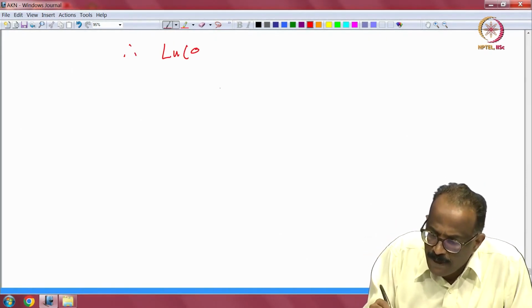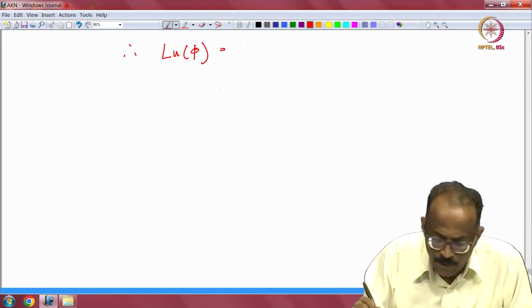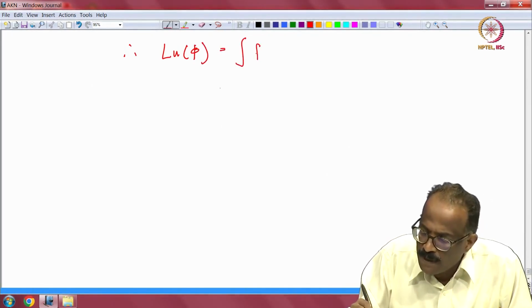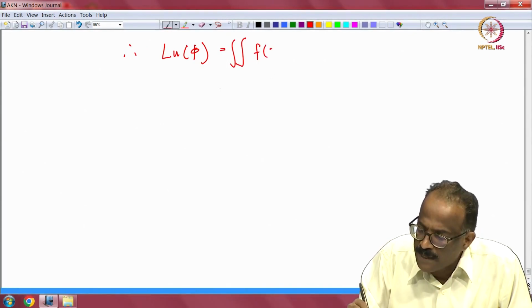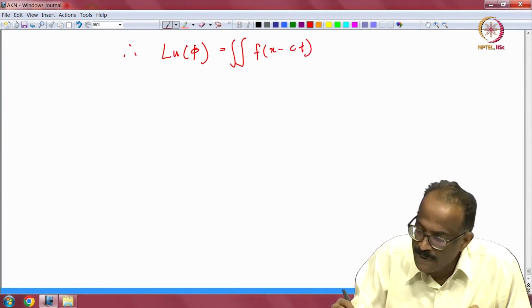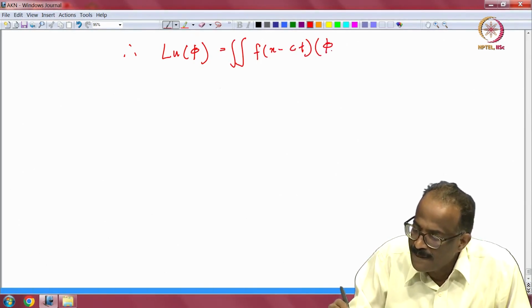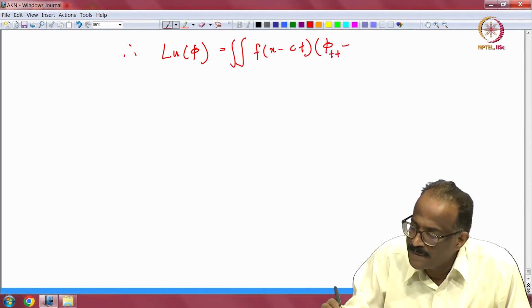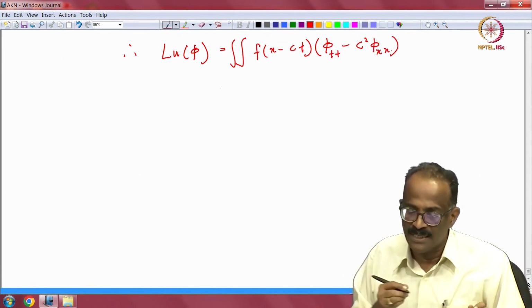Therefore, Lu at phi is equal to the double integral of f of x minus ct into phi_tt minus c squared phi_xx. I will not do much computation here.